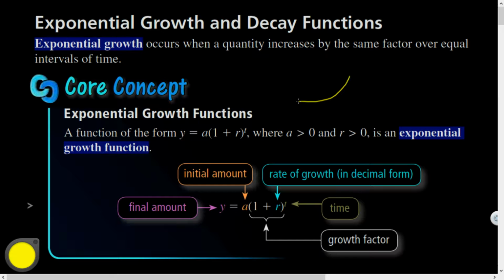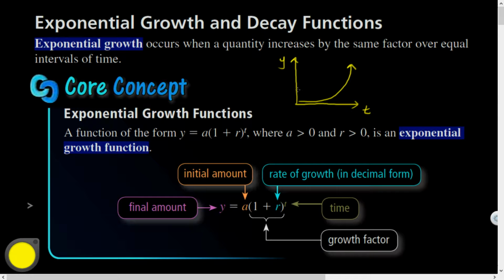So this is always going to be an uphill, Mario runs to the right sort of problem. And our x-axis will be time, and our y-axis will be whatever quantity is increasing that we're talking about. So it might be money, it might be a population, whatever the case may be.